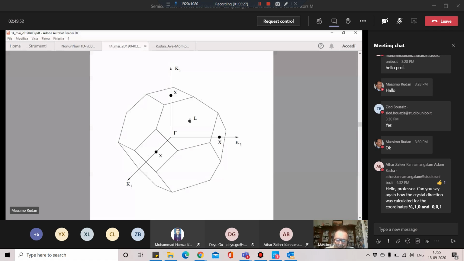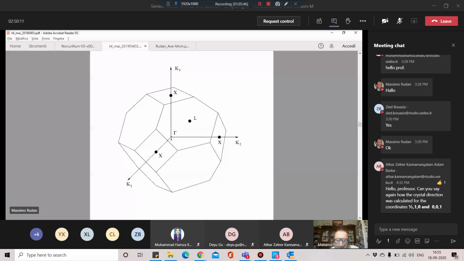So there is a total of 8 L points at the boundary of the Brillouin zone for the cubic lattice. Okay.